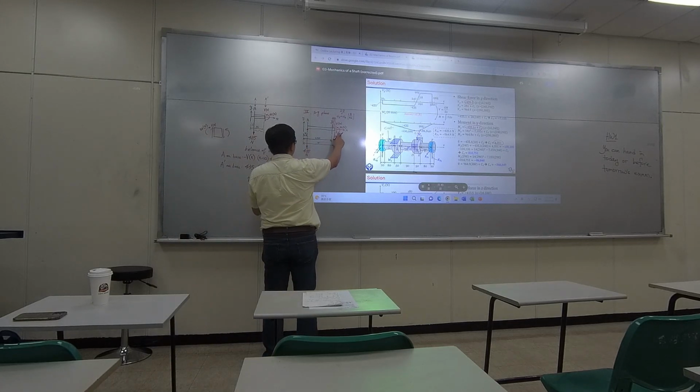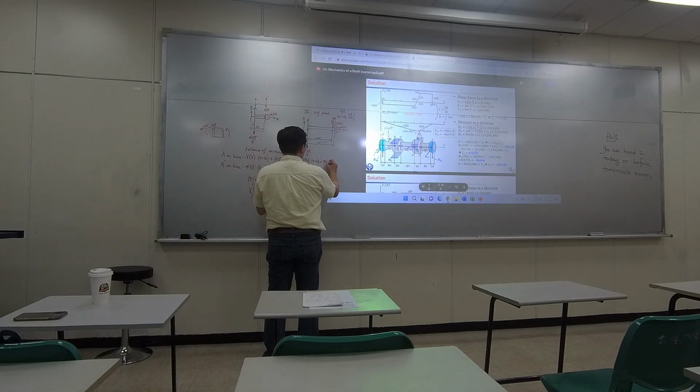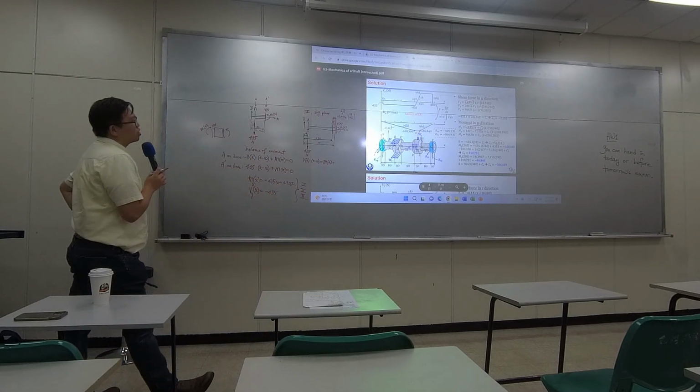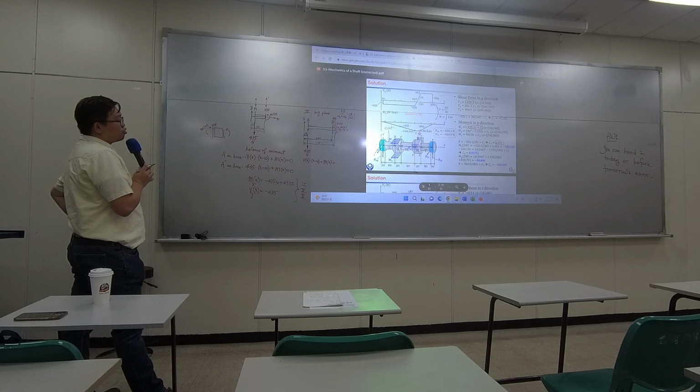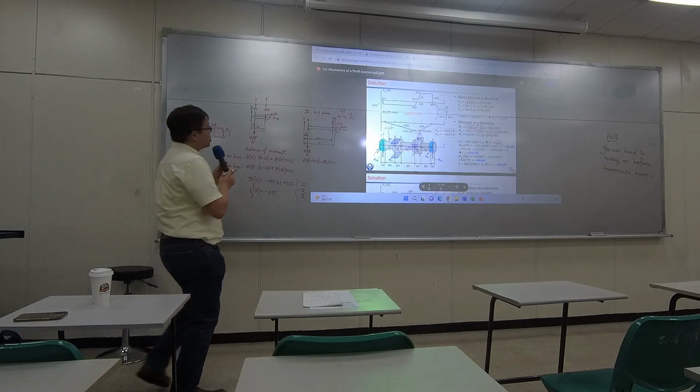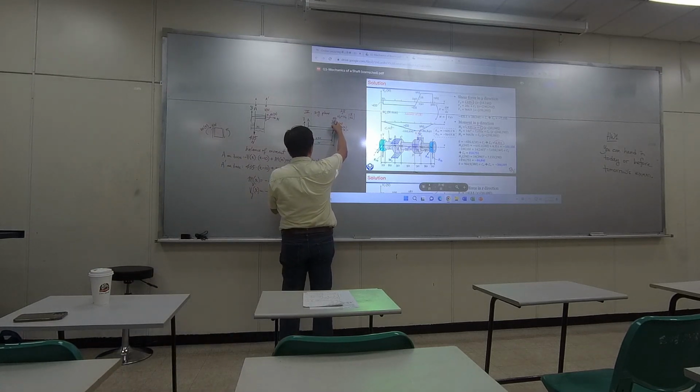Of course, your Mx is having counterclockwise moment plus the ones that was contributed by the distributed load. What you can do is to convert that into a single load. So the equivalent single load equals to 28 times the width.